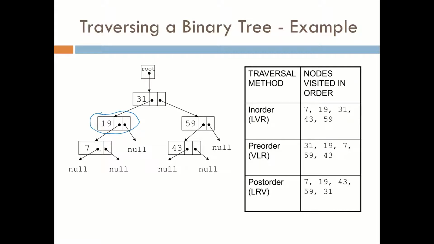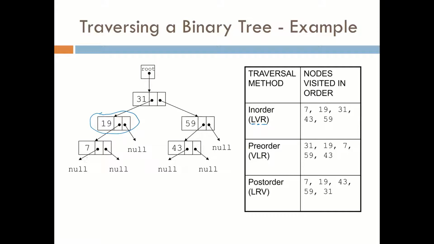Again, you'll remember that the order is left, then visit the actual node, then the right subtree. And so we were at the root, and we went to the left subtree, and we were at 19. We go to the left subtree. Okay, we're at 7. We still have not processed the node 7. We will visit the left subtree for 7, which is null.